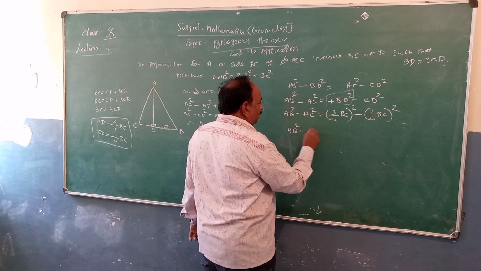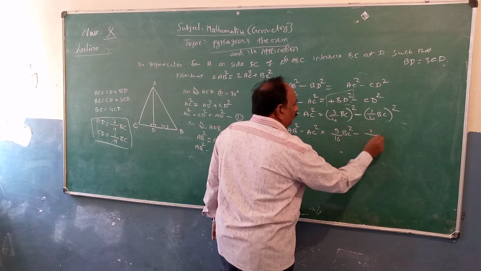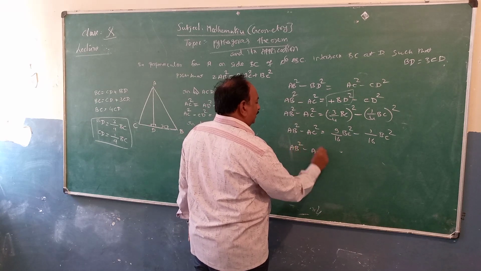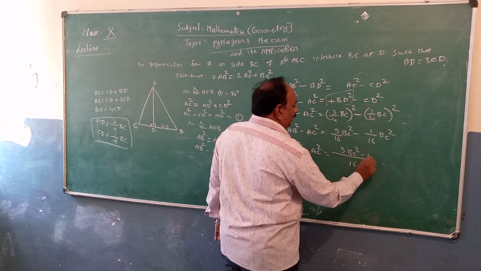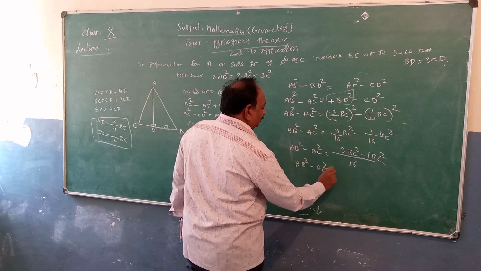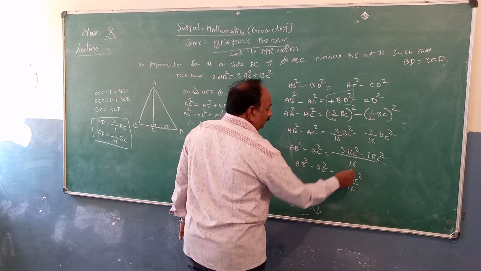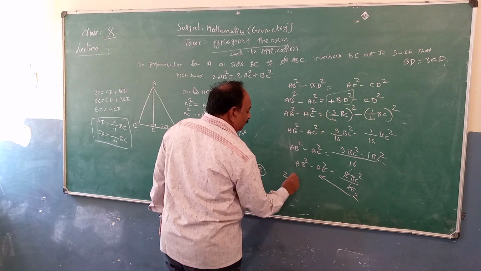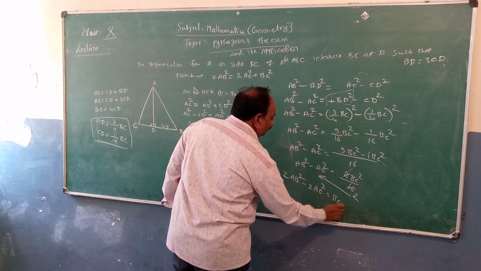AB square minus AC square is 9 by 16 BC square minus 1 by 16 BC square. 16 is the LCM. 9 BC square minus BC square. 2 into AB square, 2AB square, 2 into AC square, 2AC square is equal to BC square.